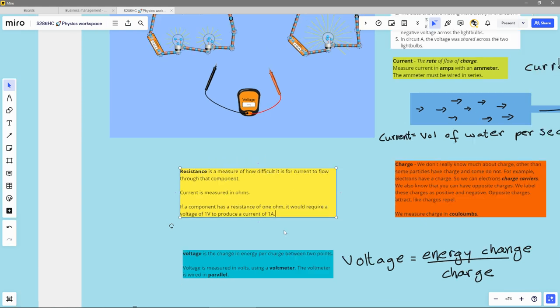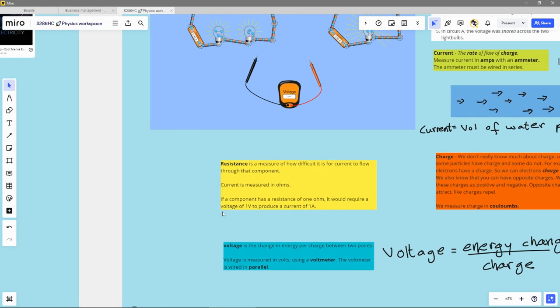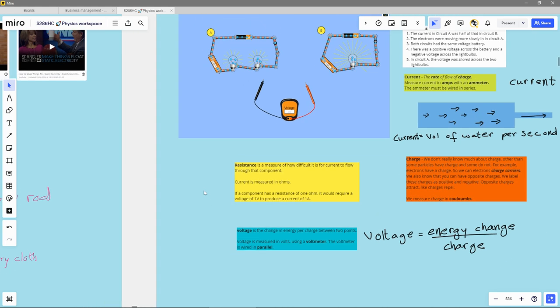Okay, so that gives a more precise definition, and now we can see that therefore an ohm must be 1 volt per amp. And so a way of defining resistance with a formula is it's the voltage divided by the current.